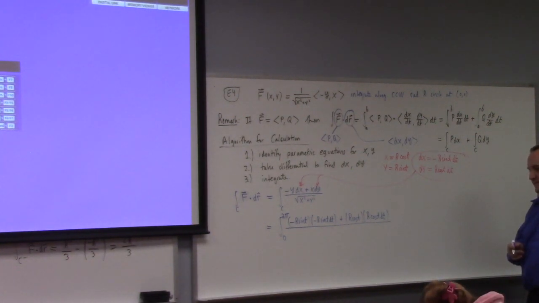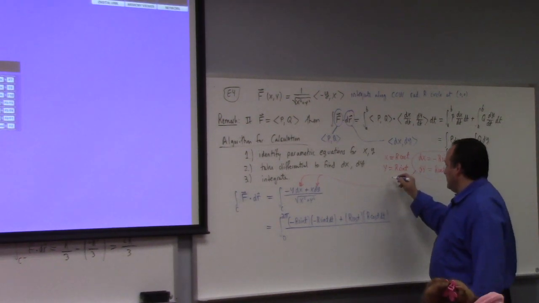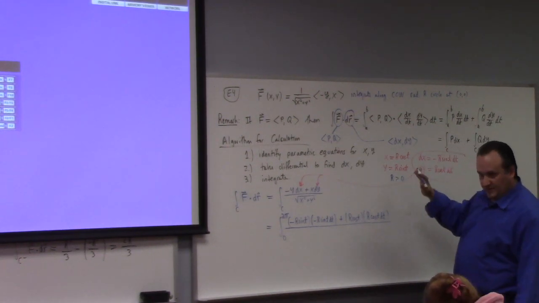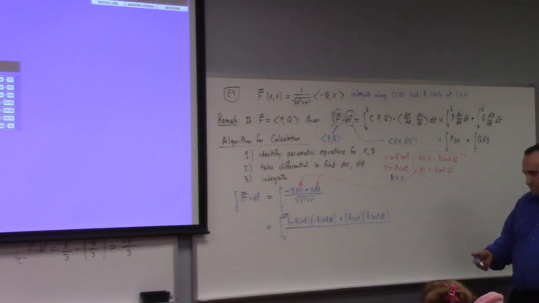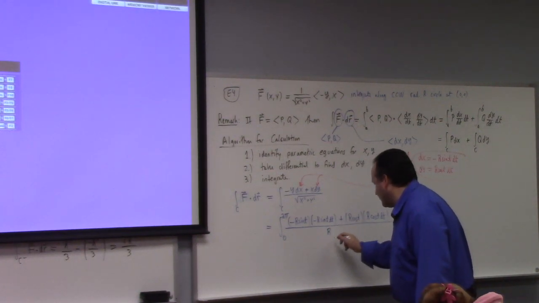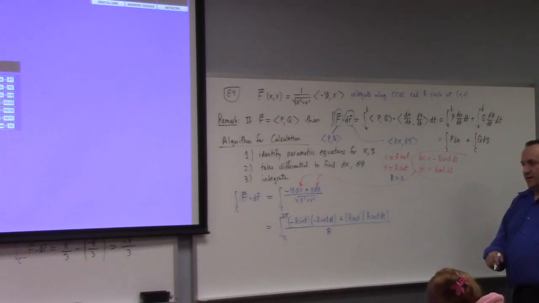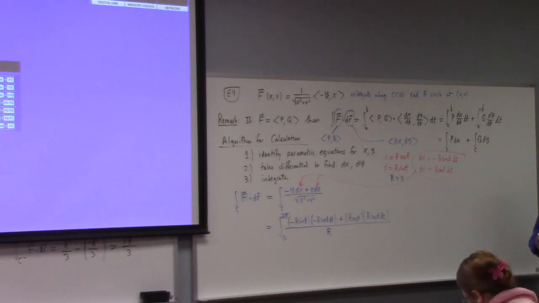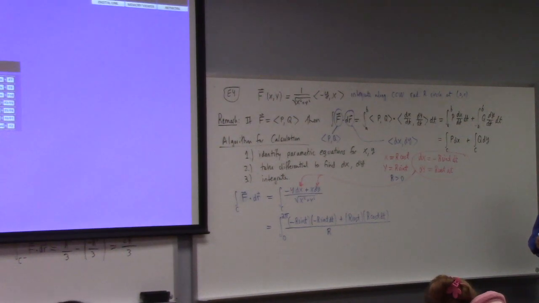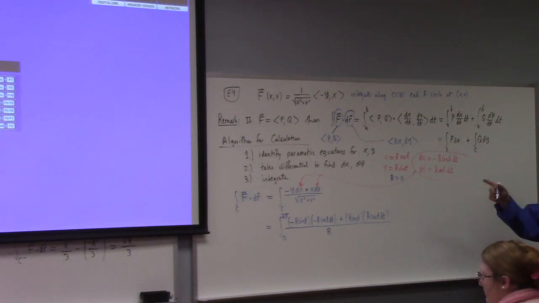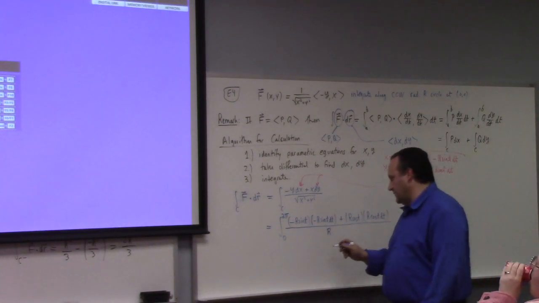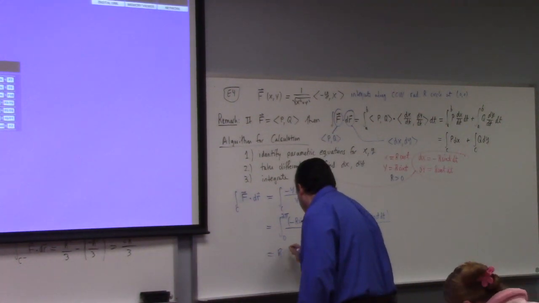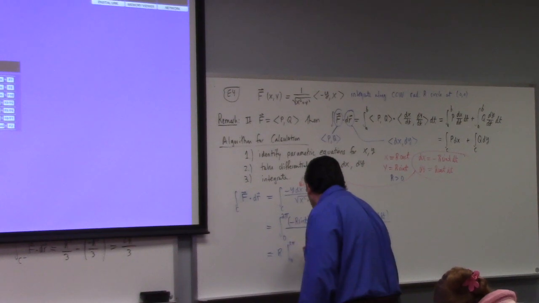It's the square root of r squared, which is, I'm assuming of course, r is positive, right? We're making that assumption. So the square root of r squared is the absolute value of r, which is r, as I was told. And what you got here? Sine squared plus cosine squared. So we have r times the integral from 0 to 2 pi of dt, which is 2 pi r.